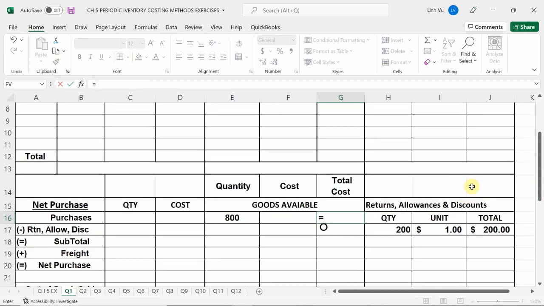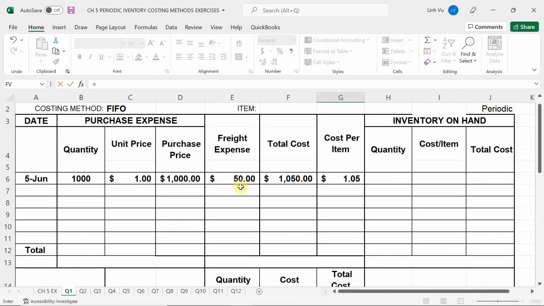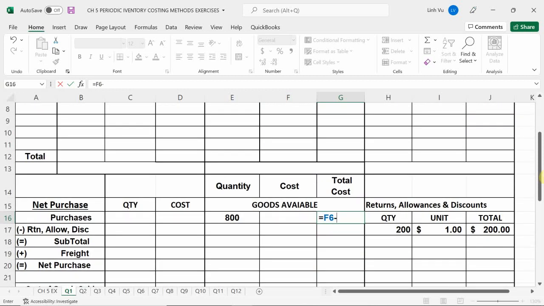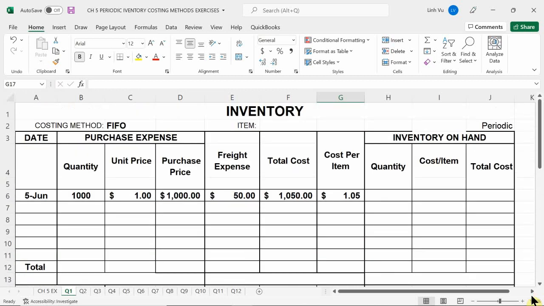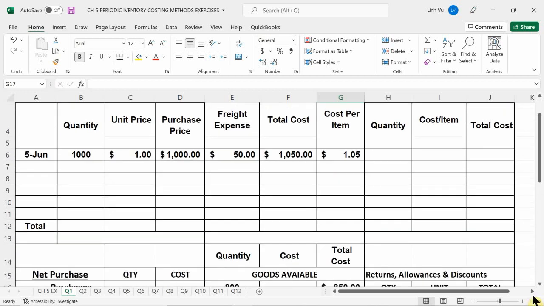Now, what about my new total cost? In this case, I was originally charged $1,050 and I got a refund of $200. So that means I should now have a grand total of $850. Where did this number come from? I just took my total cost and subtracted my refund. You can also solve this by thinking about it this way: you're supposed to refund from your purchase price.